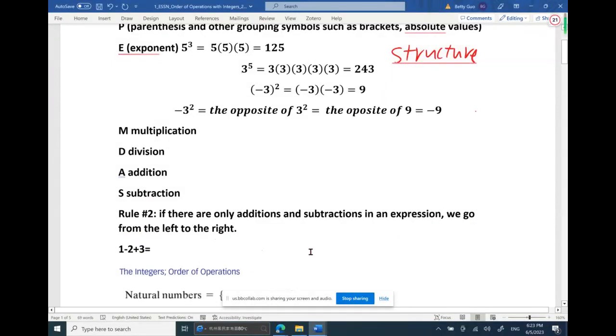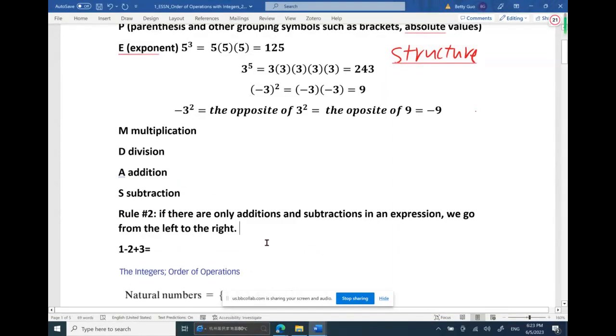Addition and subtraction are at the same level. PEMDAS, please excuse my dear Aunt Sally, does not mean addition should always go before subtraction. No, not at all. I'm stressing that.